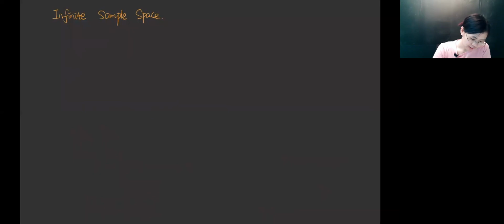The first kind is countably infinite sample space. And the second kind, as you can guess, is uncountably infinite S.